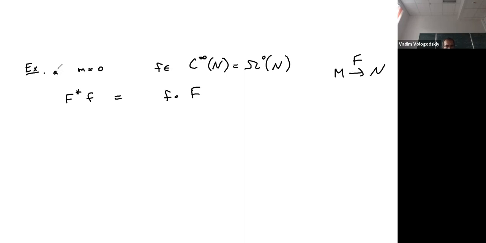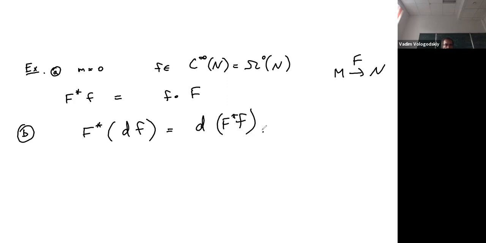The second property is that we have a very important example of a one-form, namely the differential of a function. If you take the pullback of df, the differential of a function, you get the differential of the pullback, right?